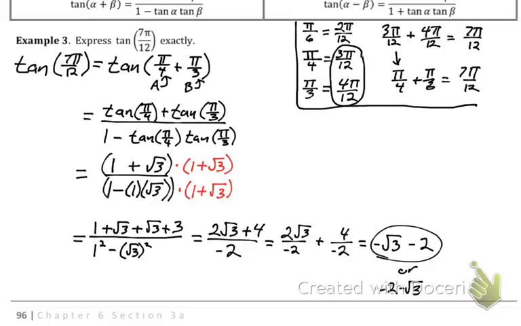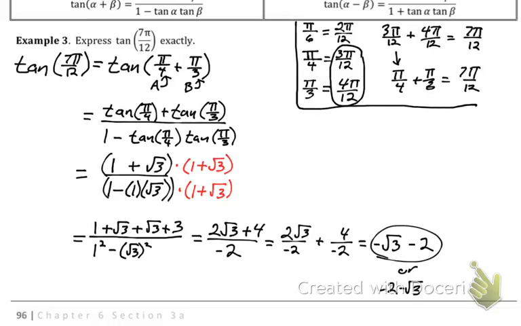So I just split this apart into 2 fractions, as one of the steps we did in the last thing. Because when I combine these back together, I would have 2 square root of 3 plus 4 all over negative 2. Well, that's what I had. I'm just going backwards. I just know I'm dividing everything by negative 2.